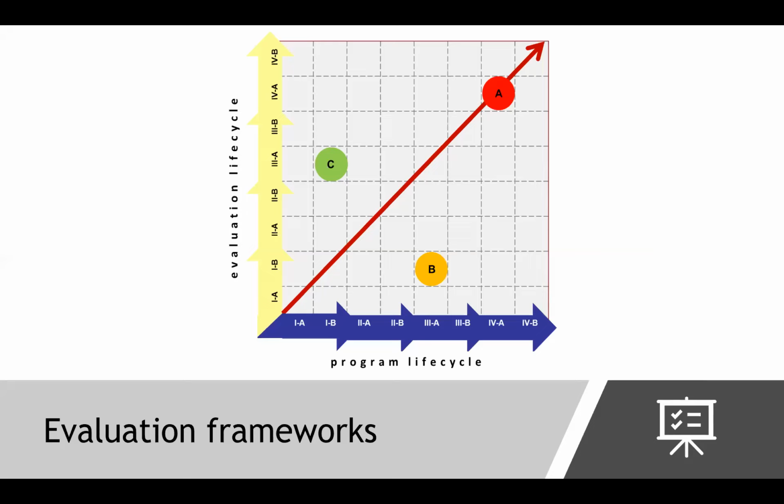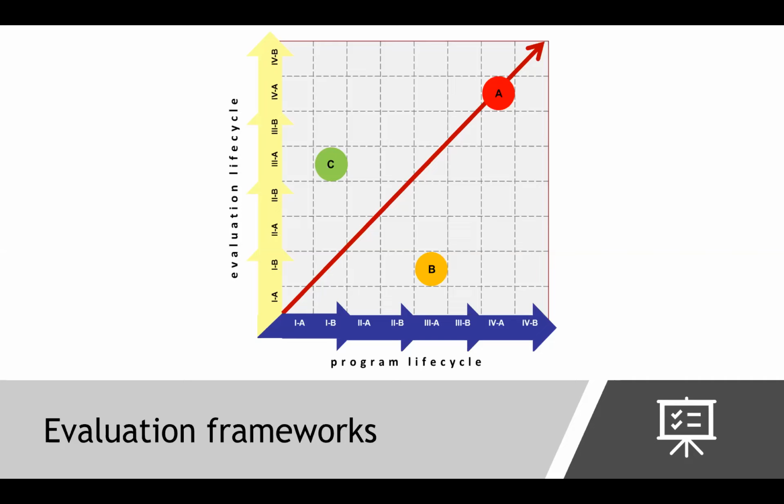So here in the graph on the screen, you see program A with the red circle is well aligned because the dot falls on the red line. So here you have a program which is fairly well advanced. It's in stage 4A, meaning it's been well protocolized, it's been offered for years, there's a strong curriculum, it's probably been tested in a few different contexts.